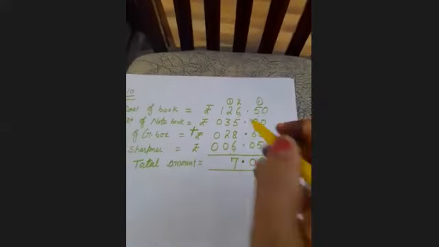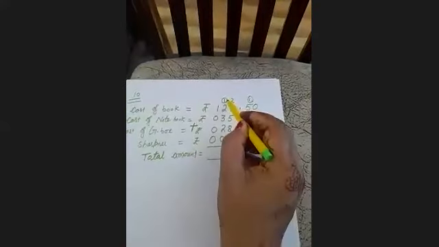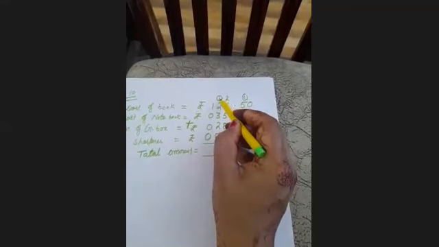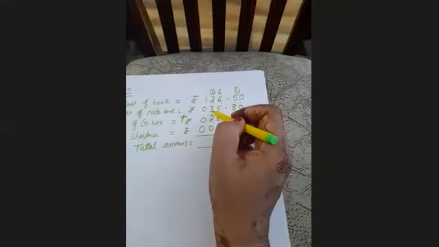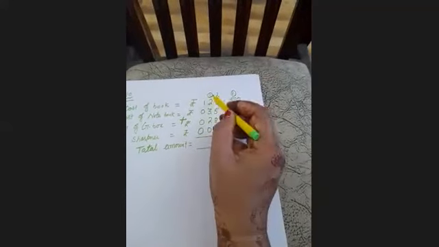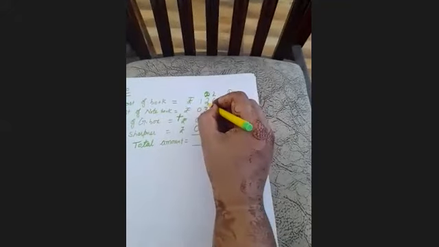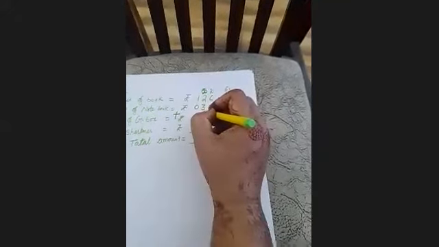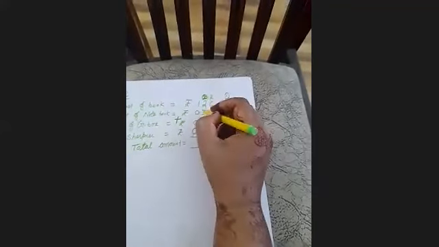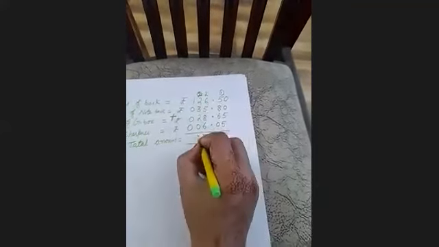Next is 2 plus 1, 3. 3 plus 3, 6. Sorry, here we have 2. 2 plus 2, 4. 4 plus 3, 7. 7 plus 2 is 9.